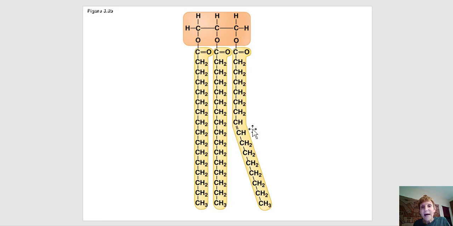That's called the cis configuration, C-I-S. Cis means same. And that configuration is natural for plant unsaturated fats. That's the only thing that plants make when they make their unsaturated fats. They put them in that configuration.